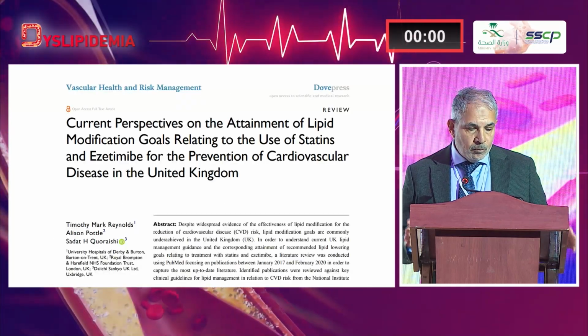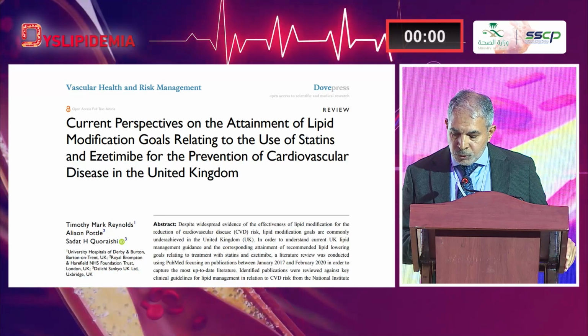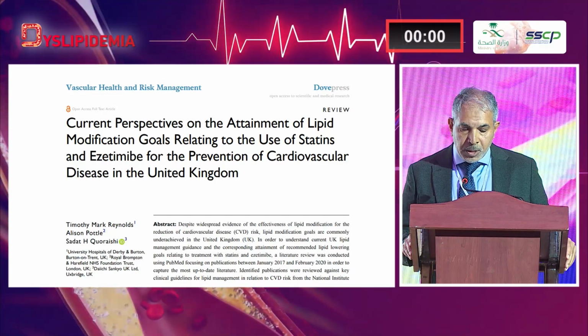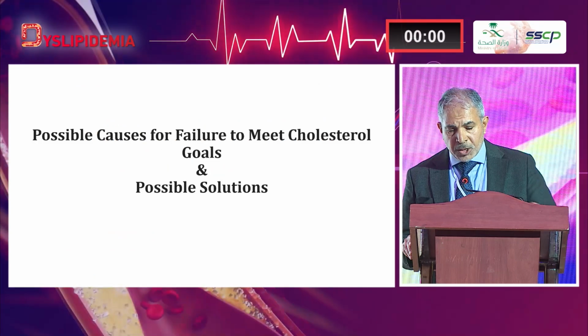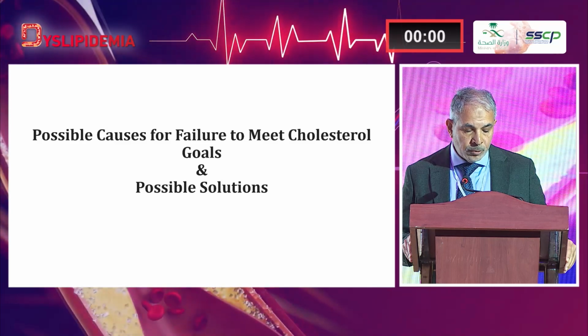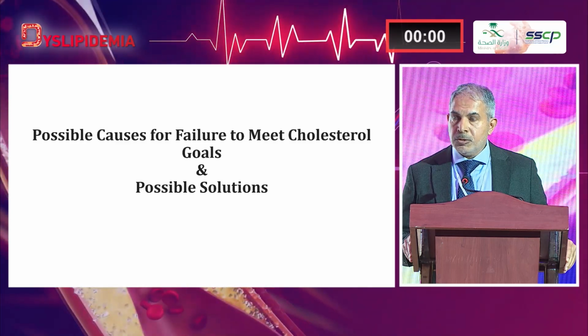Perhaps one of the most useful resources for pharmacists and physicians is this review, which is also published in 2022, based on UK practice. What they've tried to analyze in this paper is the possible causes for failure to meet cholesterol goals and what could be the possible solutions.